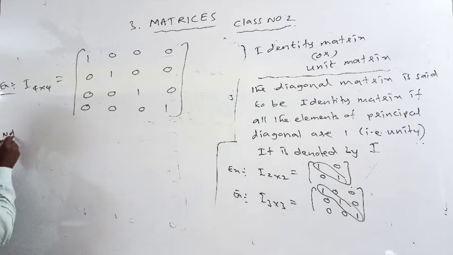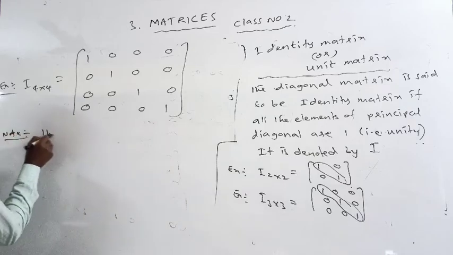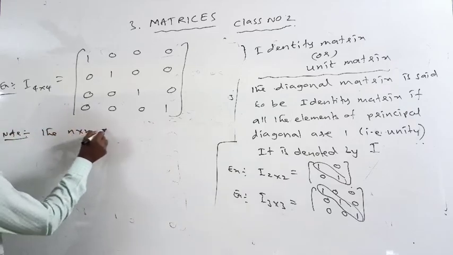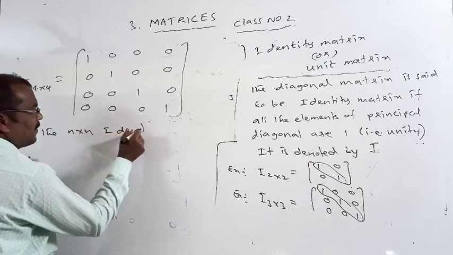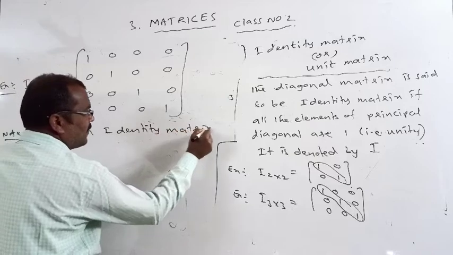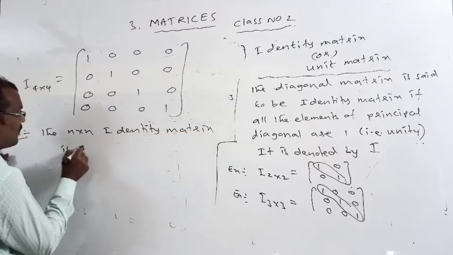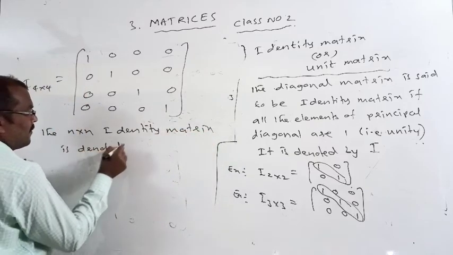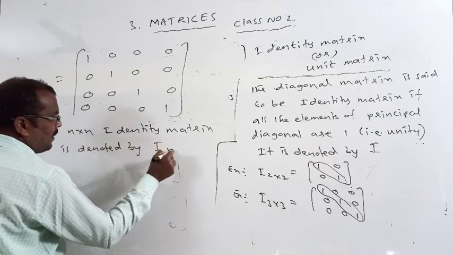Note: the n cross n identity matrix is denoted by I n cross n.